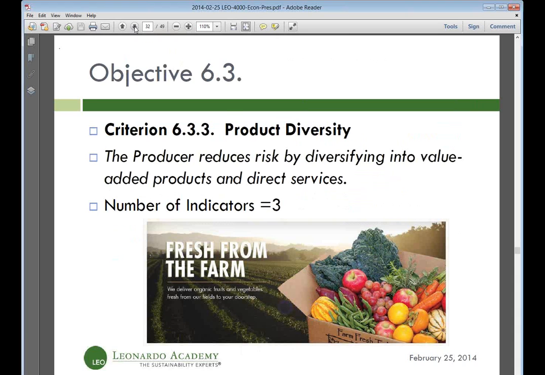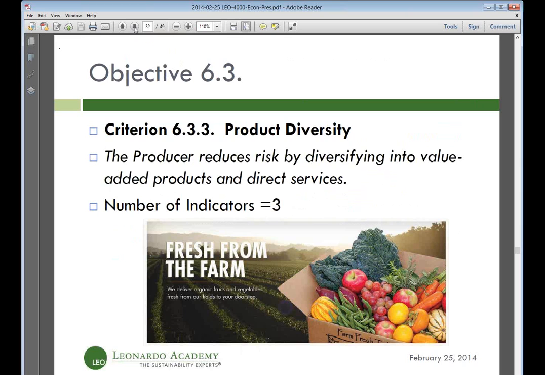Moving on to criterion 6.3.3, this is another aspect of diversification that we think can help an agricultural operation maintain its resilience for the long term.